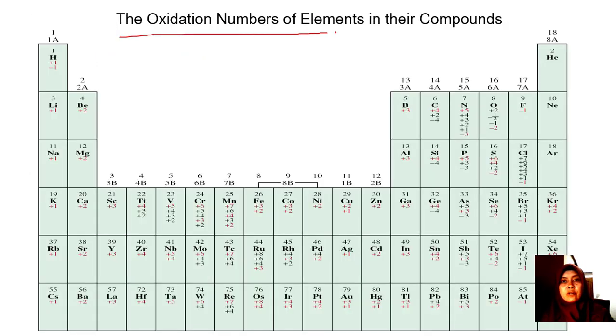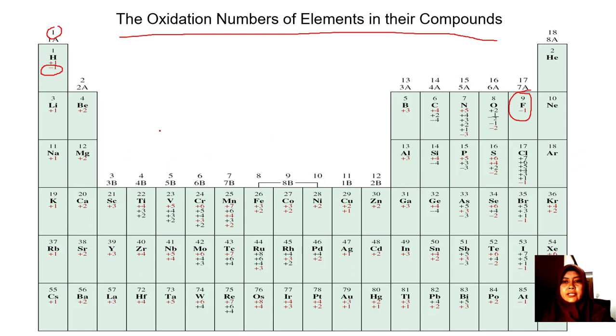The oxidation number of an element in its compounds can be seen in the periodic table as the rule of the oxidation number: group 1A is +1, except hydrogen, which is an exception, group 2A is +2, and fluorine is only -1.